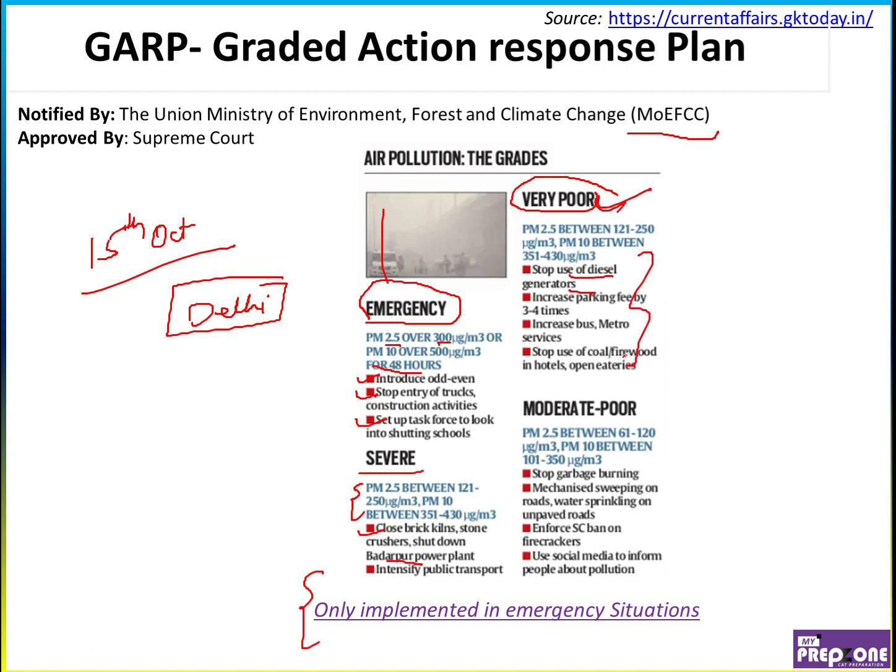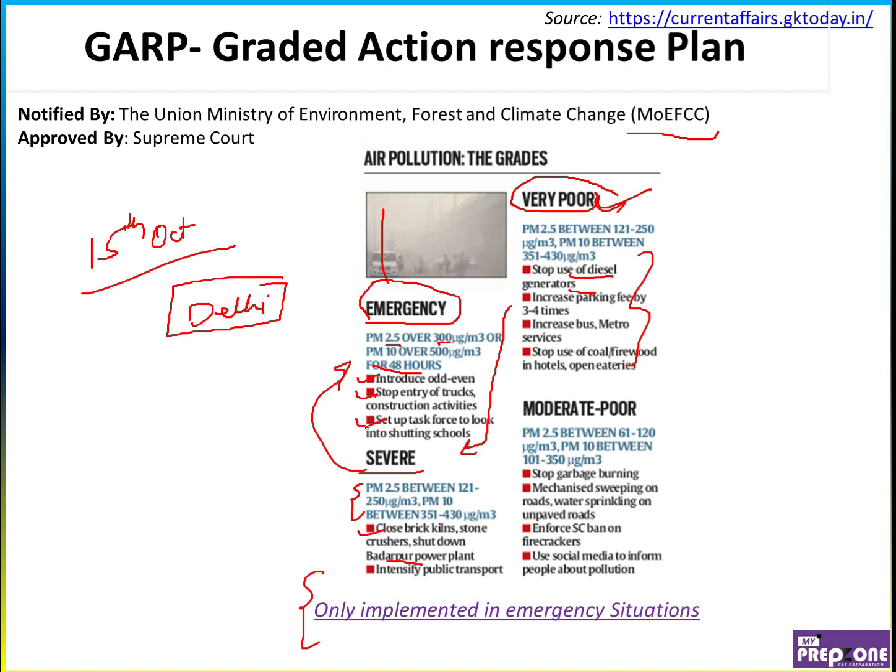Along with that, we also hear that Chief Minister Arvind Kejriwal has also planned to go for odd even rule for a week or maybe a fortnight later in November. This is something yet to be seen. Whenever, as and when it will be announced and applied, we will come back with that. All these measures will be taken so that this very poor quality doesn't go to severe and then later doesn't go to emergency.